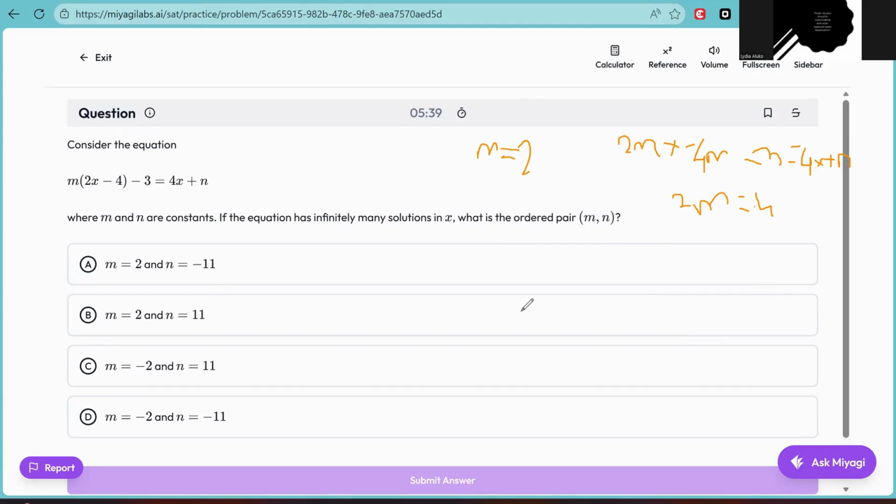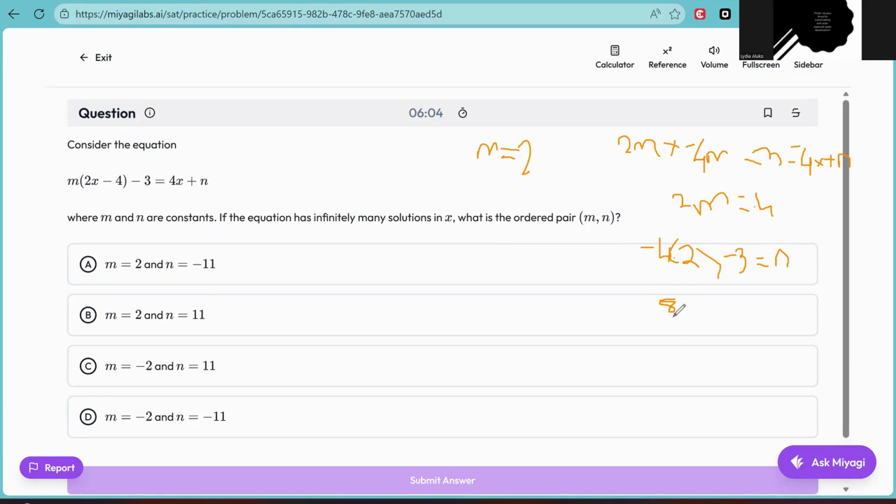Okay. So I think we're going to solve for n in a way that we go negative 4 times 2 minus 3 equals n. That would be negative 8.